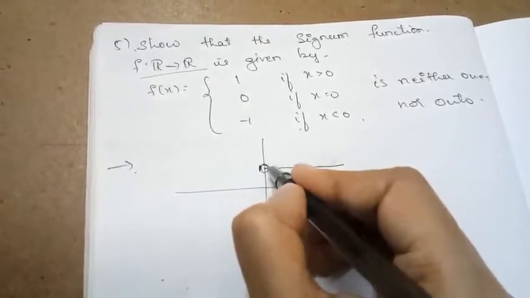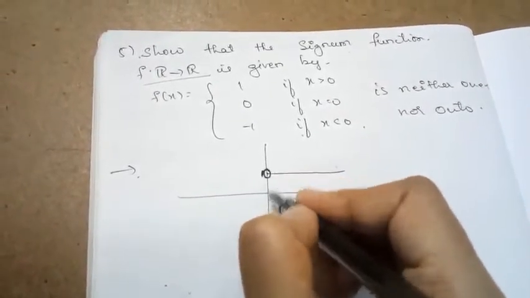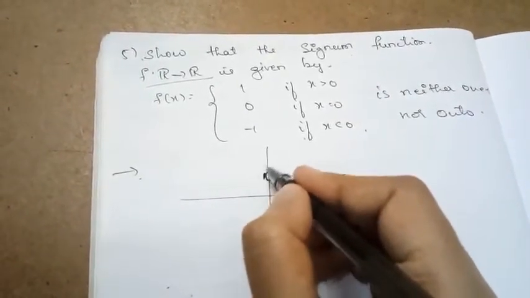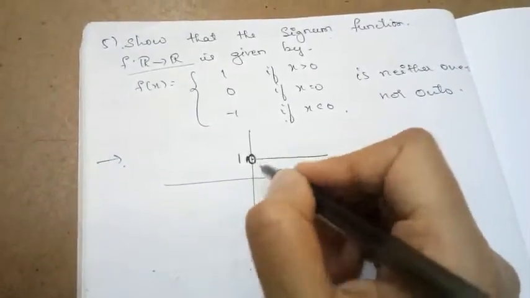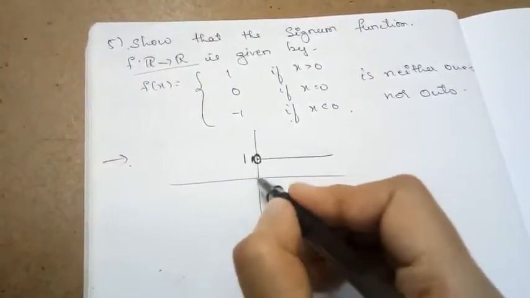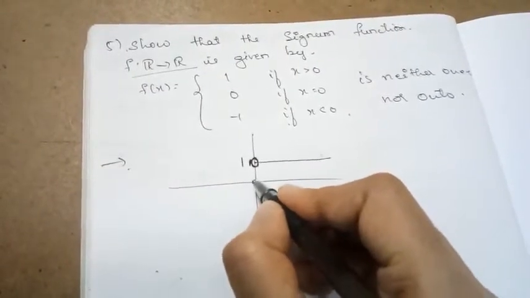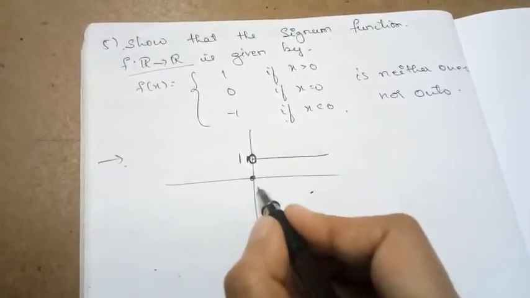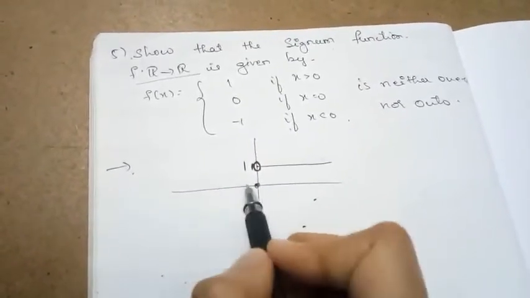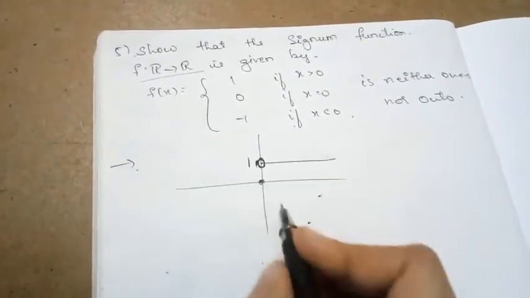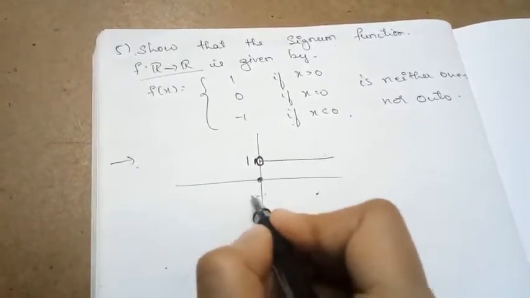I'll put an open circle at 0 on this line, because for x equal to 0 it is not 1. When x is equal to 0, the value of y is 0. When x is less than 0, our f of x will be minus 1.